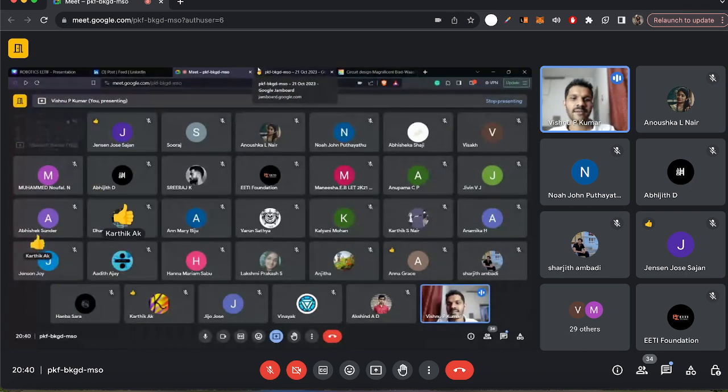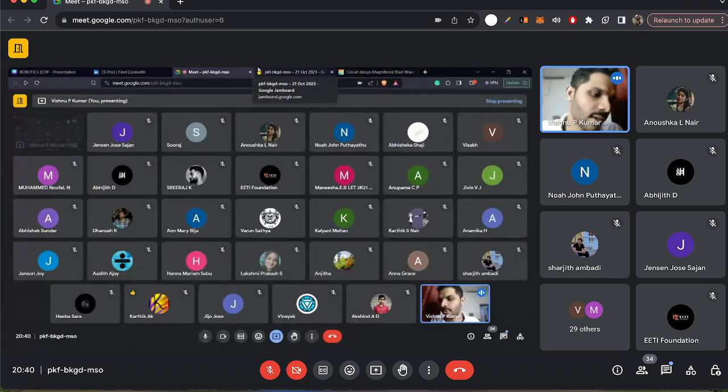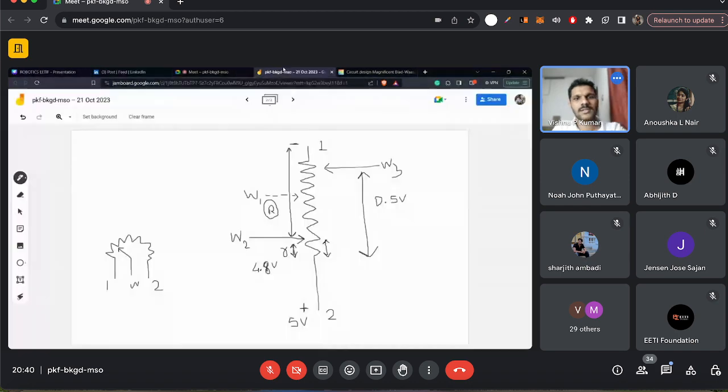Okay, earlier when you were learning about potentiometer, is this the way you have studied or learned? Or some other way? I think maybe some other way. So how is this one?